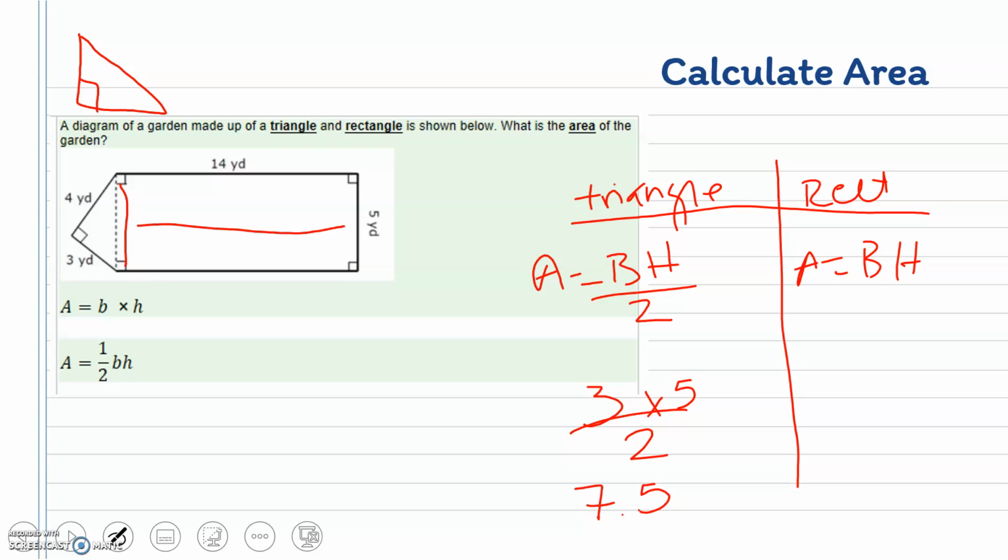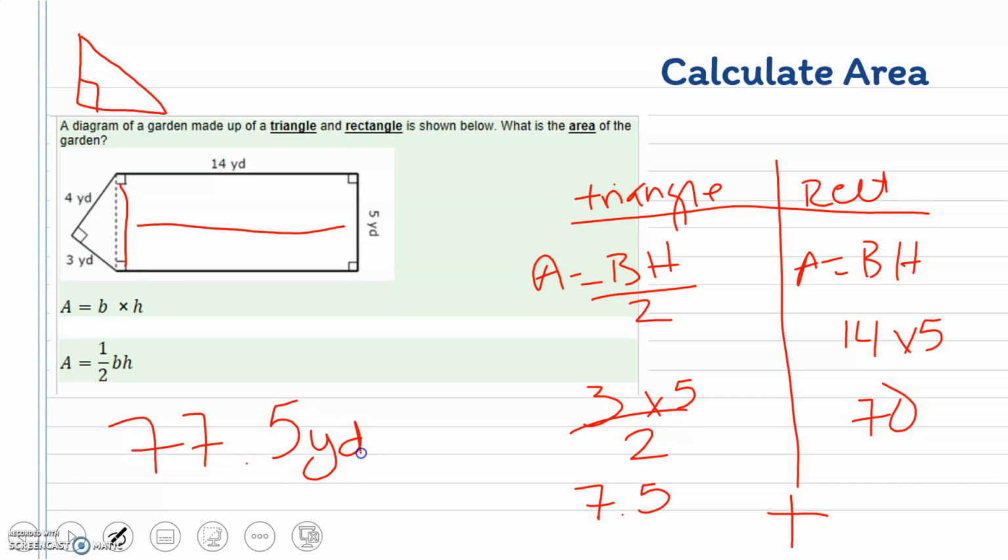And now for the rectangle, base times height: 14 times 5 will give us 70. Because there are no shaded areas, we're going to add. So your final answer will be 77.5 yards.